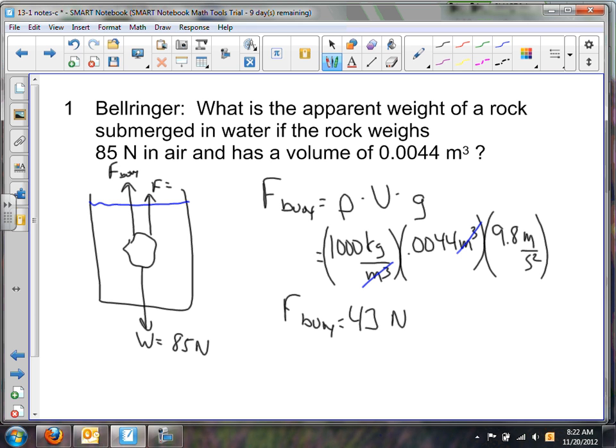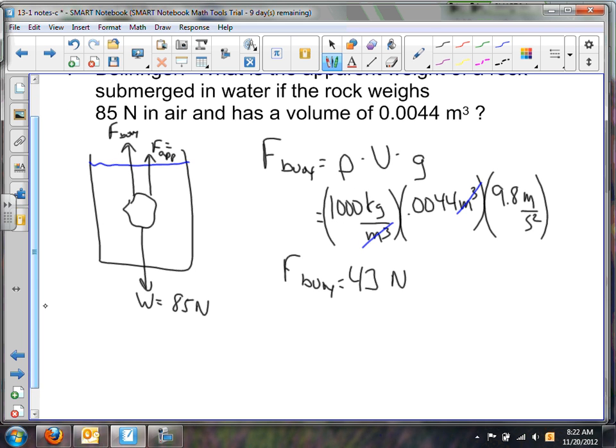Now that's not the answer, that's the buoyant force. The apparent force, F apparent, would be found by taking the force of gravity, which we know, minus our buoyant force.